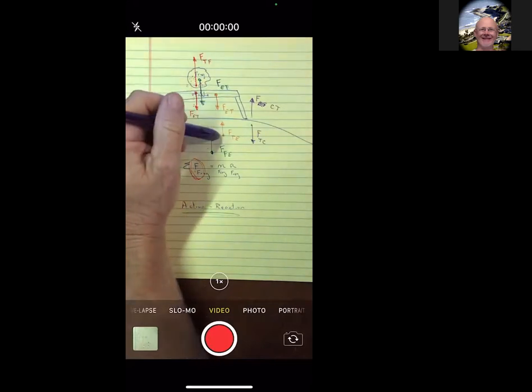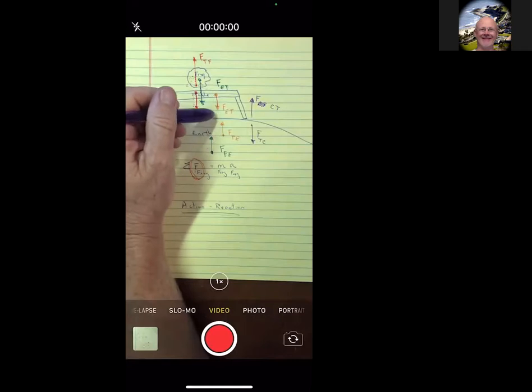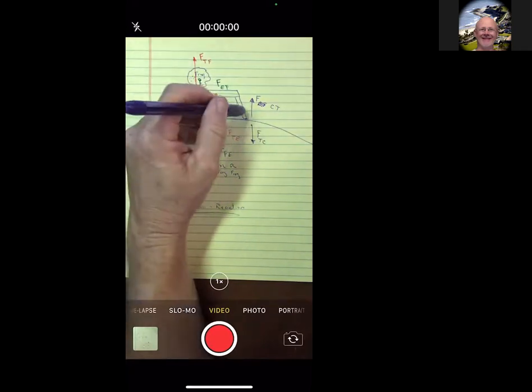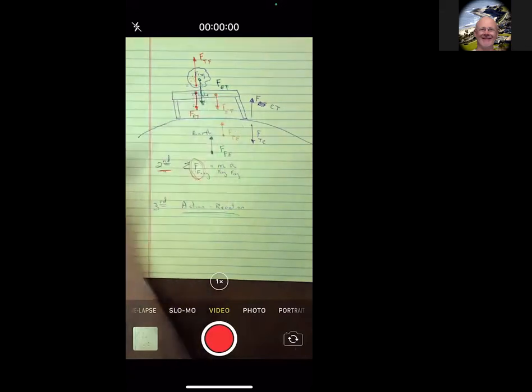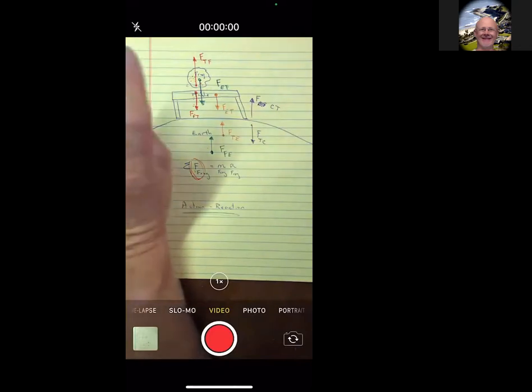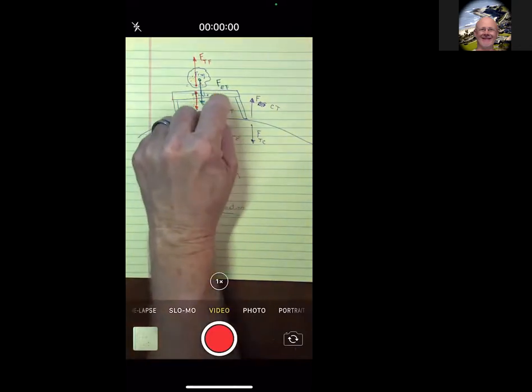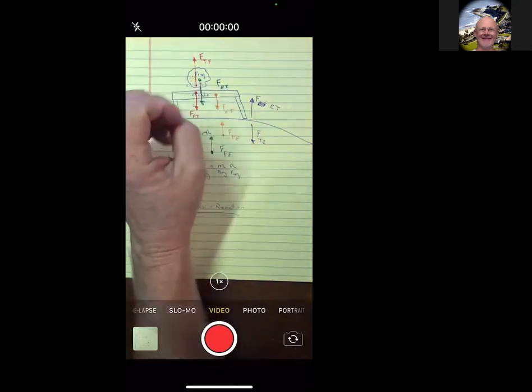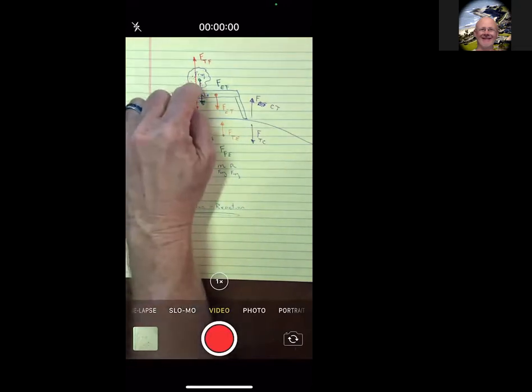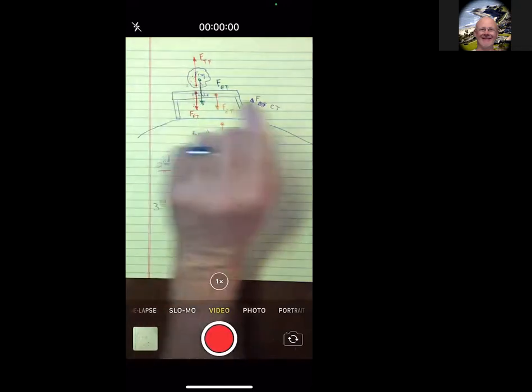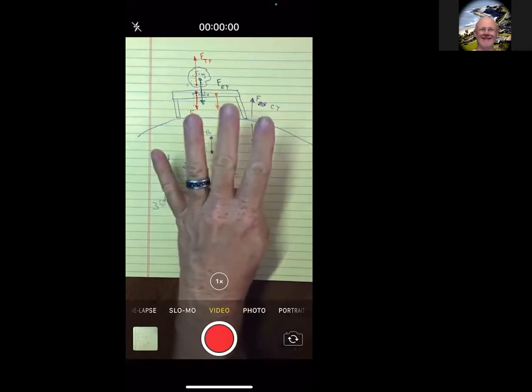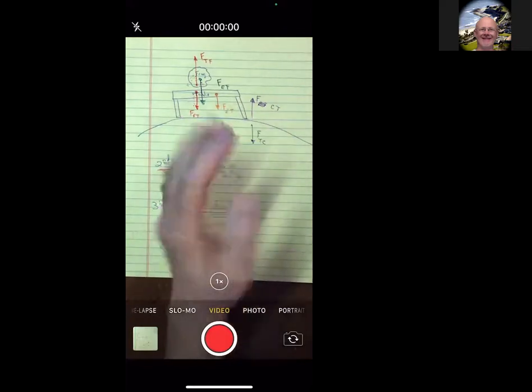The table and the earth, that's orange. The table and the earth due to contact, that's purple. So every gravitational force, we've got two forces of gravity, and every contact force, we've got a contact here and a contact here. So I would say there's four forces involved in this problem if you look at all three objects.